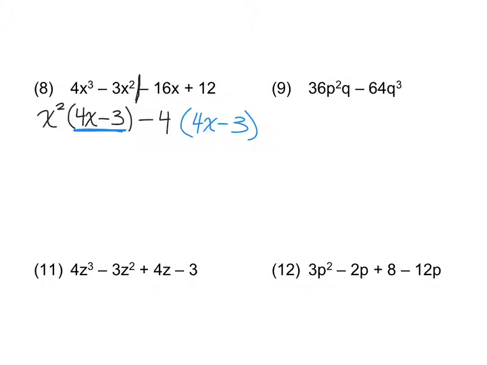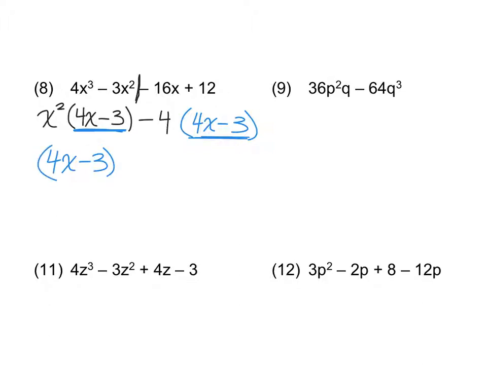This is a great exemplar problem, because you look at this and some of you, if you tried this on your own, would have pulled out a 4 instead of a negative 4. I might have done the same thing. And if that's the case, you now just learned a technique that'll help you avoid that kind of mistake. All right. So I have a common 4x minus 3.